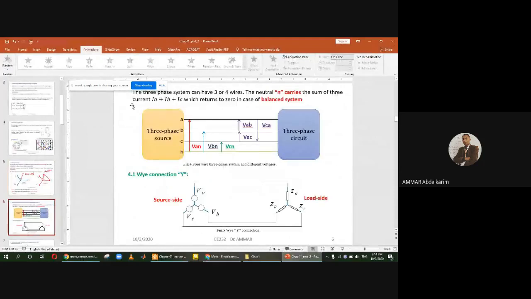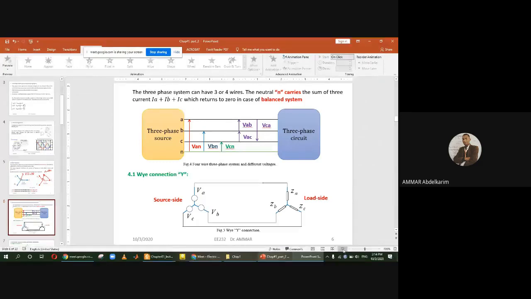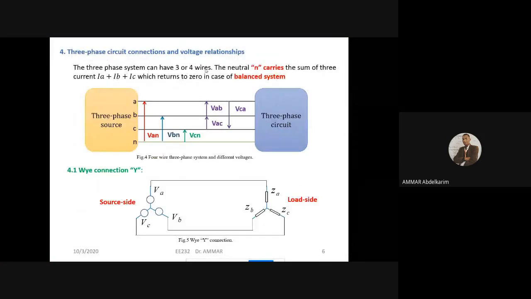Now, the three-phase system can also have a four-wire. The balanced system. The neutral, which is this fourth wire, carries the sum of the three currents, IA, IB, IC. If we have a balanced system, this sum will be equal to 0.